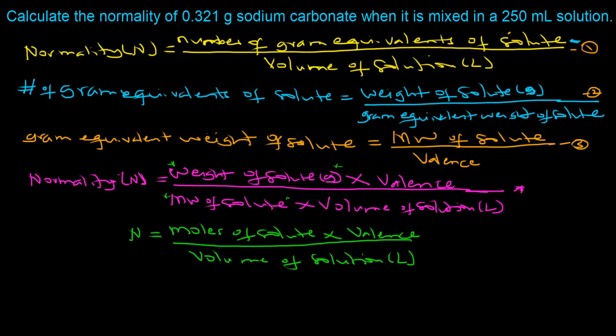Then in some instances, you may be given molarity information directly in the question, in which case the easier and more expeditious one to use will be normality is equal to molarity times valence.